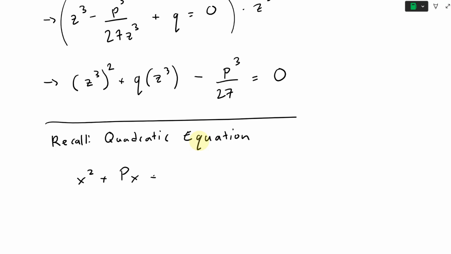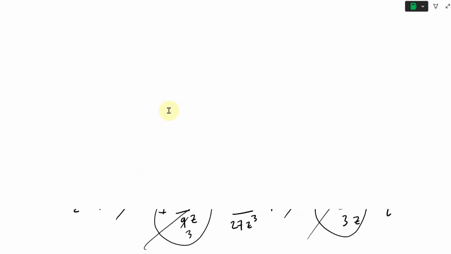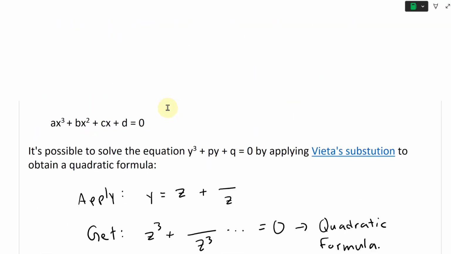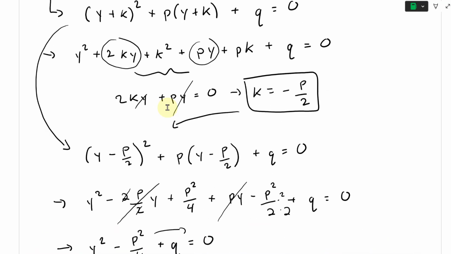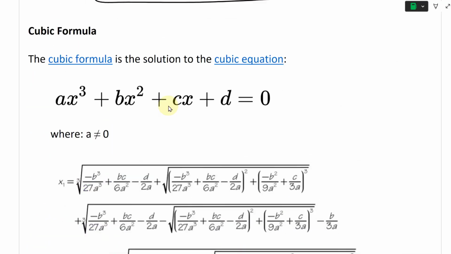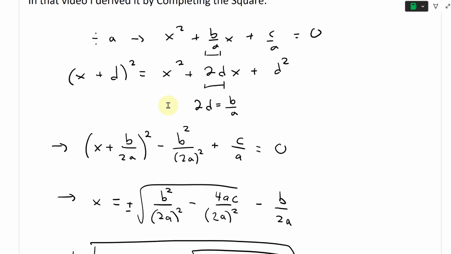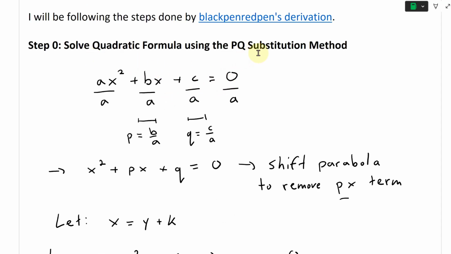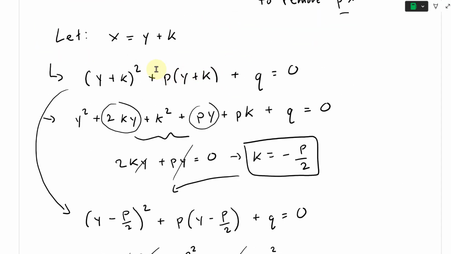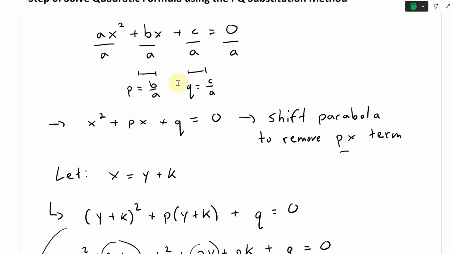So x squared plus capital P x plus capital Q equals 0. And again, this is if we scroll all the way back up to our PQ format, when we had the quadratic formula. All right, so there's the quadratic formula and PQ substitution method. And again, we converted over this right here.